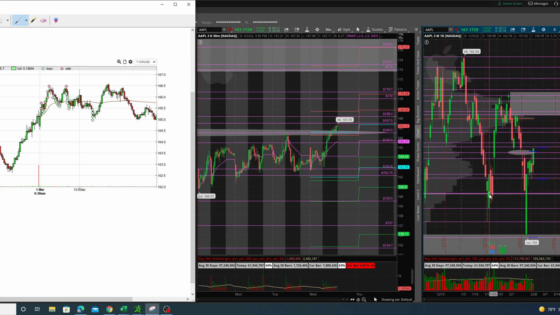After we bottomed at 154.70 several weeks ago and made a big push up and rejected this supply zone again, we came down, had a reversal day here on 2/14 where it made a bottom at 166.56. From there, we made a push back up, back into this supply zone, and then that's where we had the big failure down to 152.